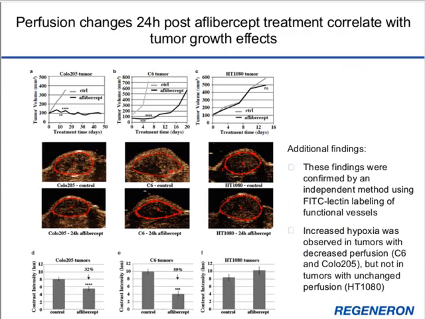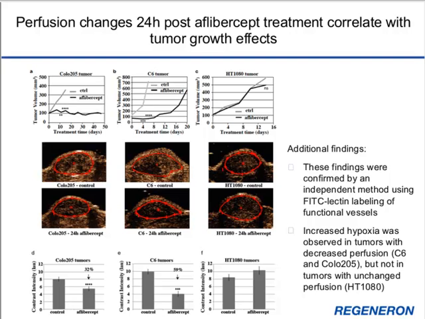Utilizing this contrast-enhanced micro-ultrasound technology, we determined the perfusion of the three different tumor types that I've mentioned before when they were treated with control agent or aflibercept for 24 hours. We observed a decrease in perfusion after aflibercept treatment in the sensitive Colo-205 tumors and the moderately responsive C6 tumors, but not in the aflibercept-resistant HT1080 tumors.